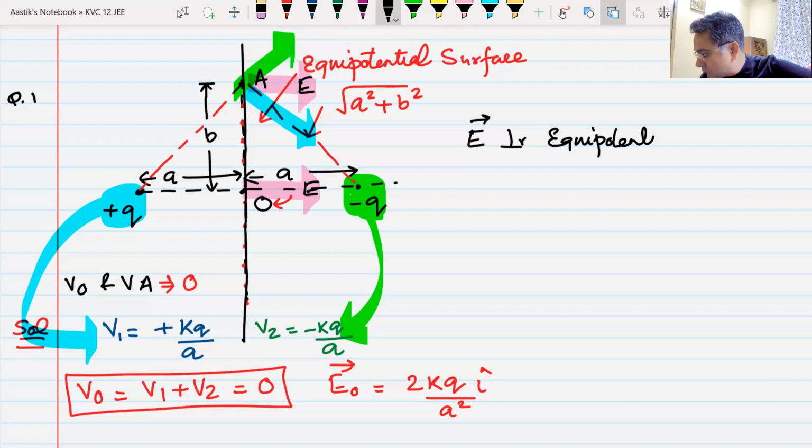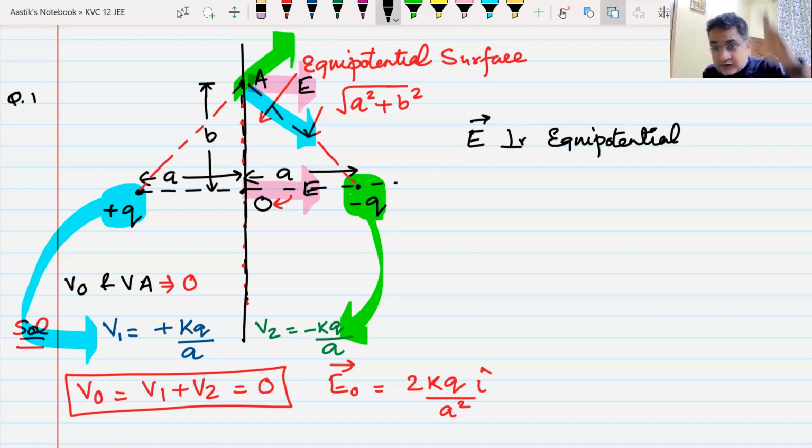Do you understand this? Electric field is always perpendicular to an equipotential surface. Remember this, a question is going to come based on this, not in your JEE Mains, but in your JEE Advanced.